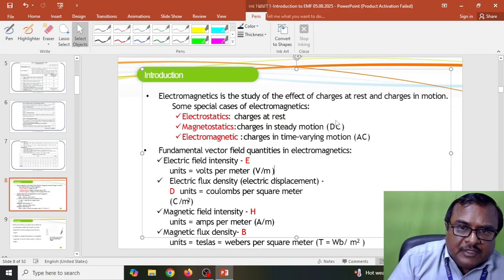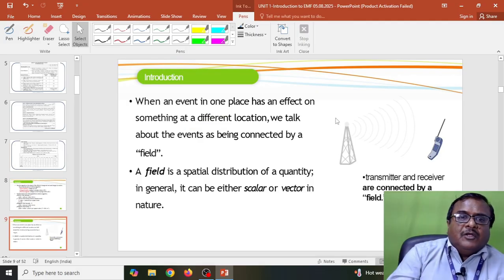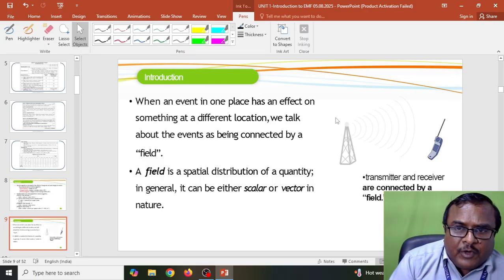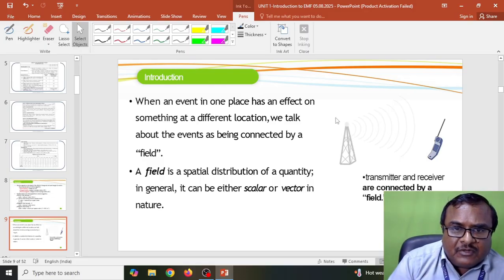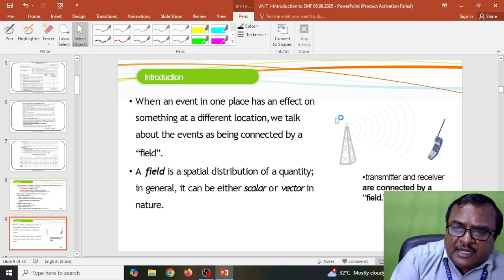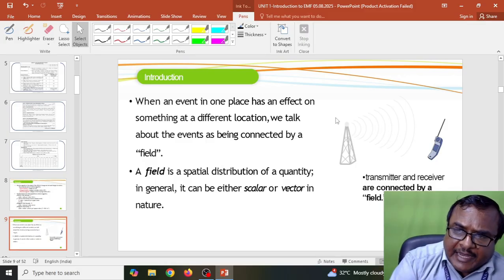Similarly, suppose we have a field. When an event in one place has an effect on something at a different location, we talk about the events as being connected by a field. For example, in a transmitter and a receiver, the signal is propagated through antennas.